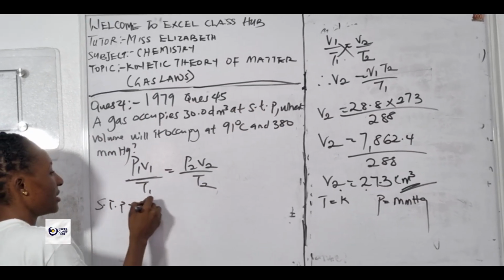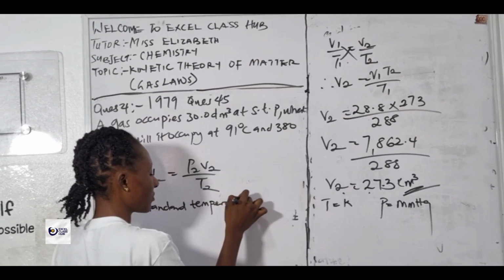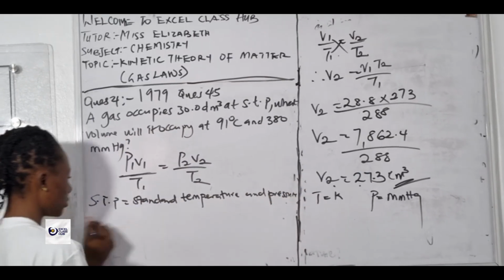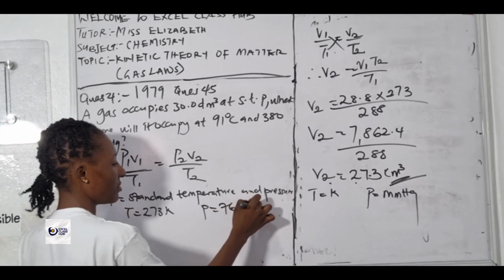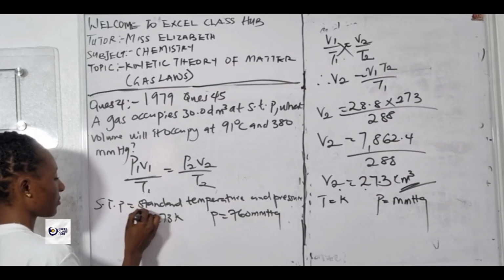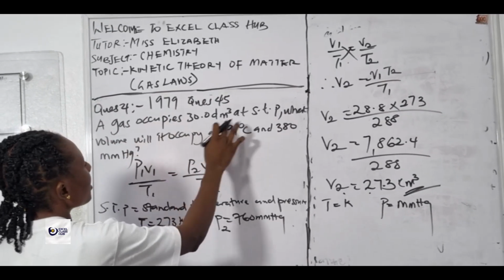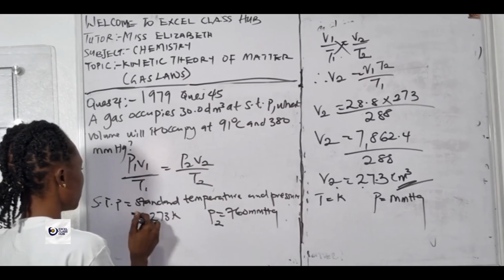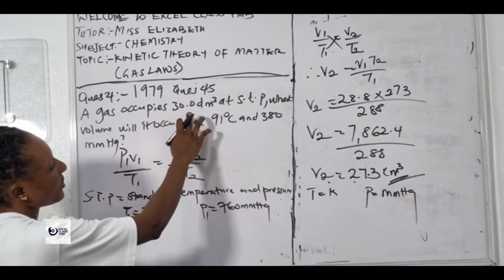STP means standard temperature and pressure, and I gave the values to be T is equal to 273 Kelvin and P is equal to 760 millimeter mercury. So this becomes our T1 and P1, because the question states that a gas occupies 30.0 dm cube at STP.